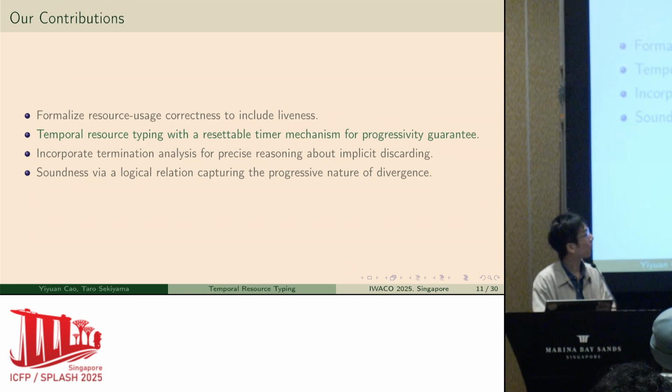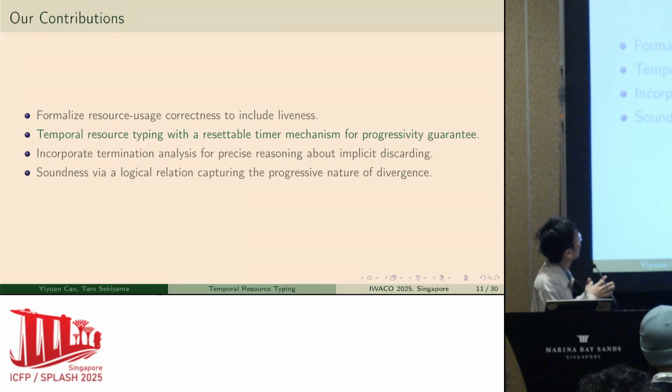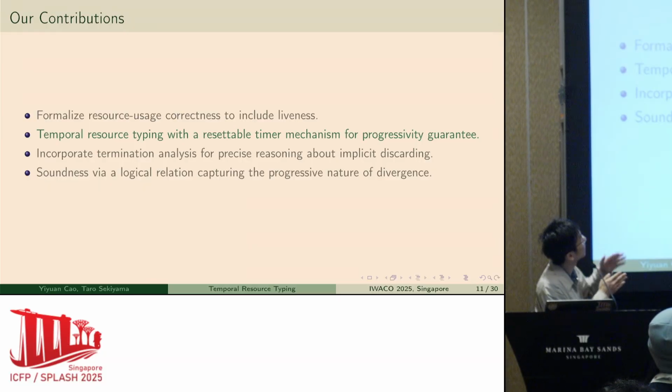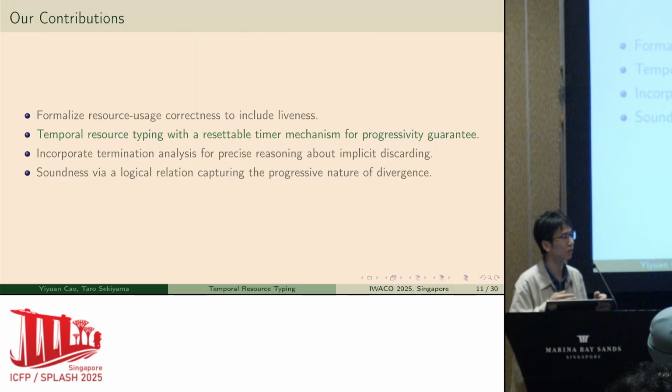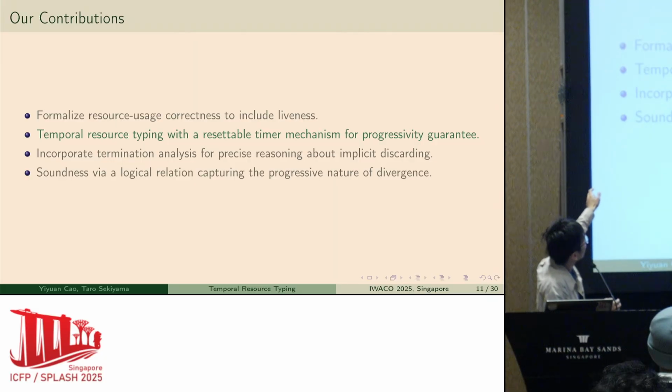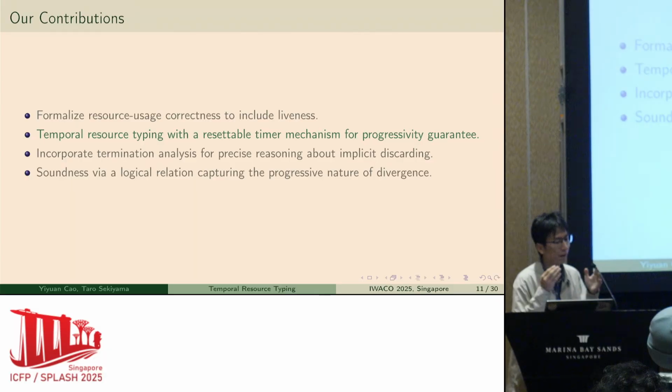Okay, so our contributions are listed below. First, we formally describe what we mean by resource usage correctness, and I hope that by giving these examples, you already have a good feeling about what we care about. The second and third bullet points are about our typing technique.